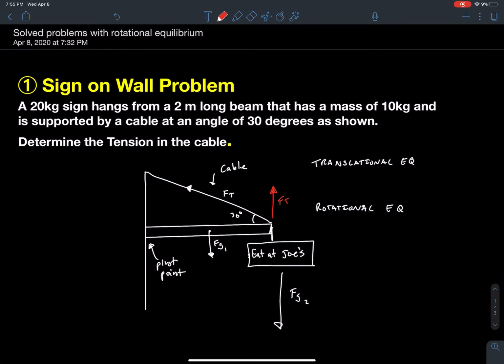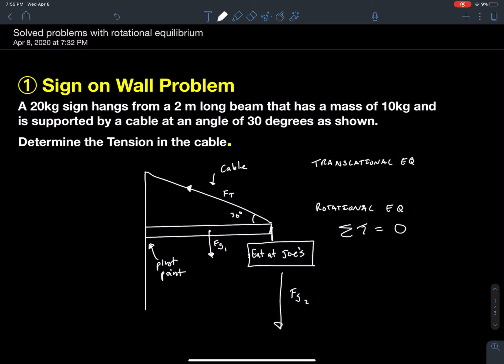Okay, and something I've seen for a solution for this problem is without even using translational equilibrium, I can solve the problem just with rotational equilibrium alone. Okay, so just looking at the sum of the torques. For rotational equilibrium, the sum of the torque is going to be equal to 0.